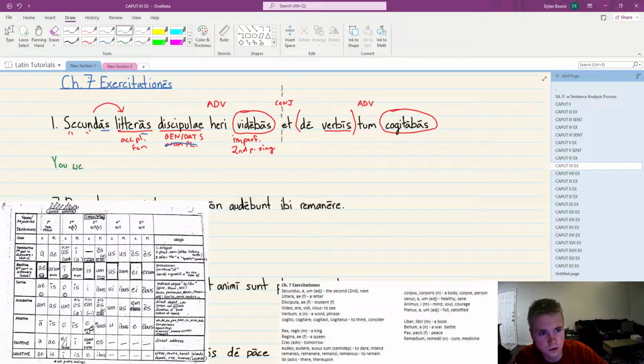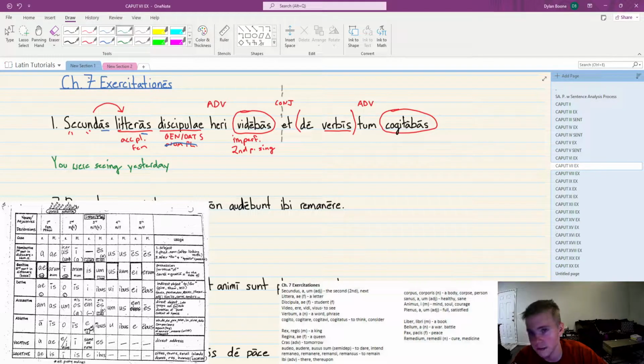You were seeing, adverb, right? Modifies a verb. Yesterday. Or yesterday you were seeing, however you want to write it. You were seeing yesterday, so that's the heri videbas out.